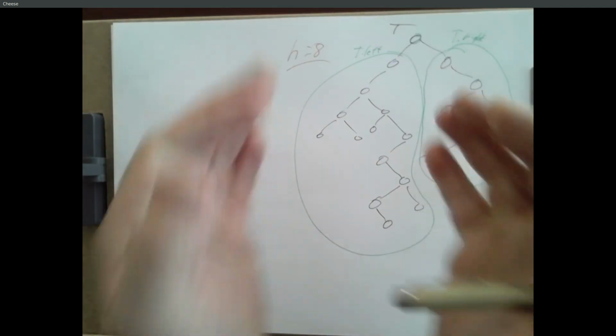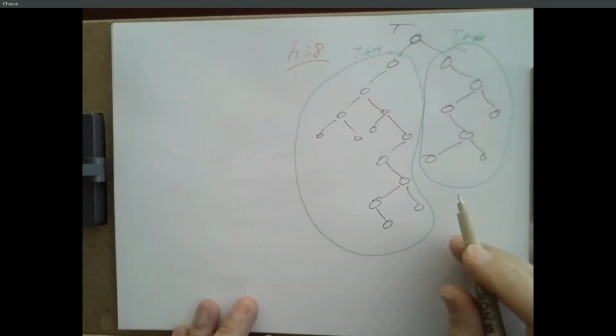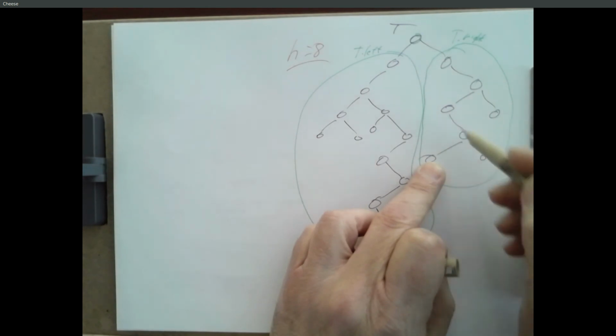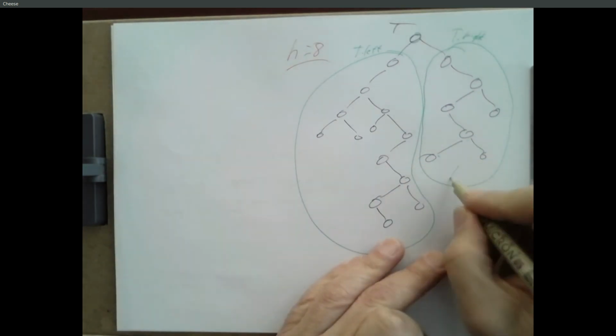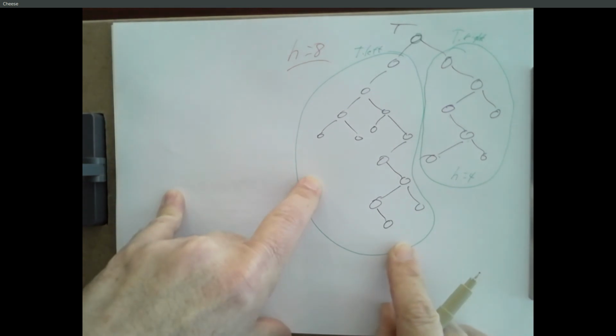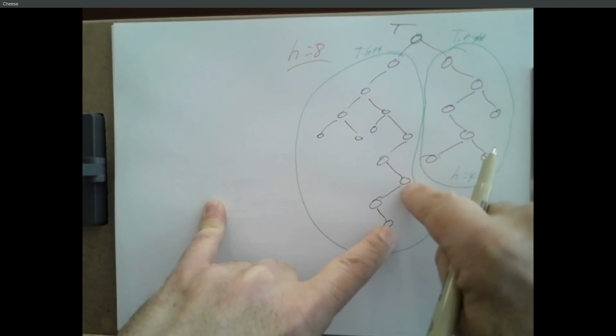So there's a root node, there's a left subtree, there's a right subtree. What's the height of this right subtree? Well, there's the deepest node, 1, 2, 3, 4. What's the height of this left subtree? Yeah, deepest node, 1, 2, 3, 4, 5, 6, 7.